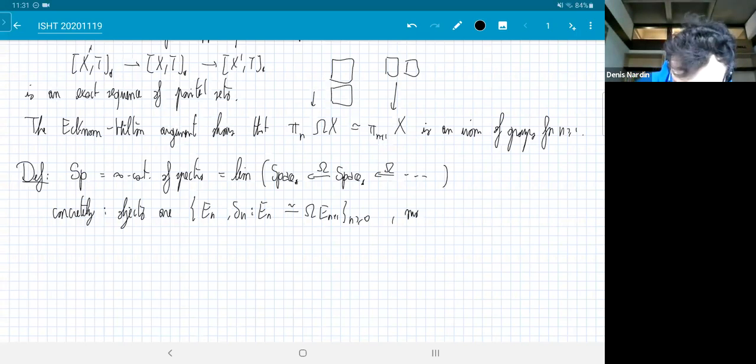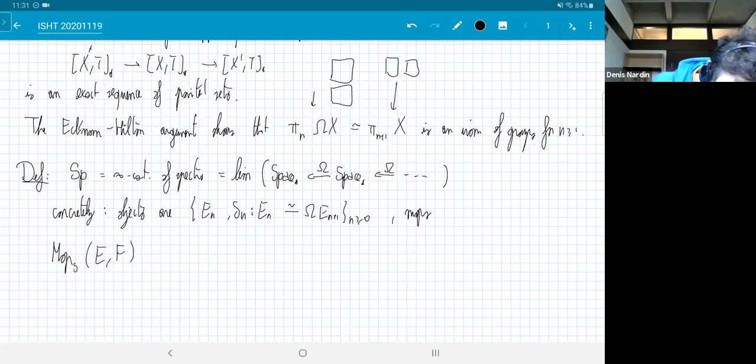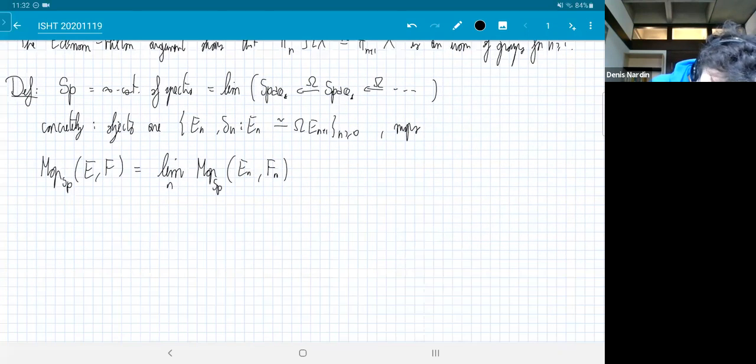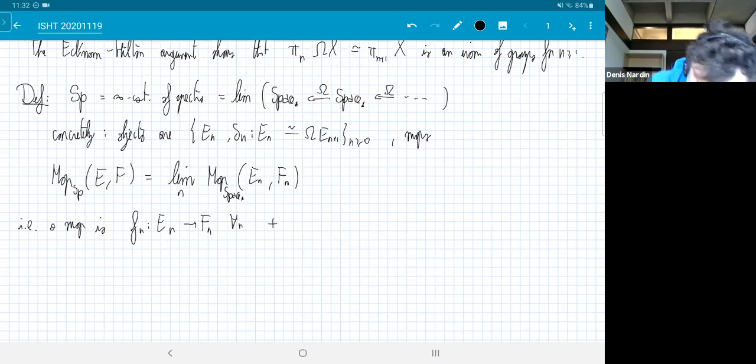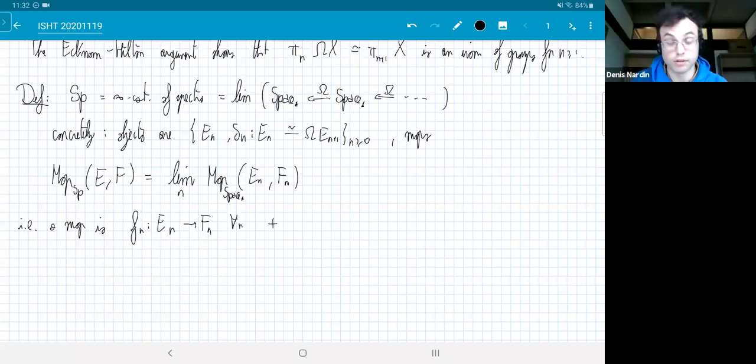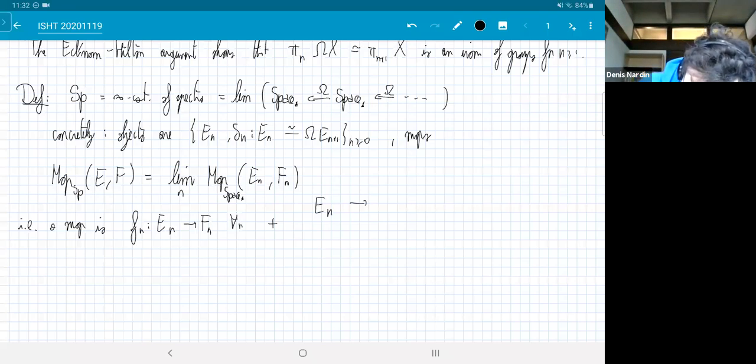And maps: a map from E to F of spectra is the limit of maps E_n to F_n in pointed spaces, i.e. a map is F_n for every n, and this is very important, we're talking about homotopy limits here, so we give a homotopy here.